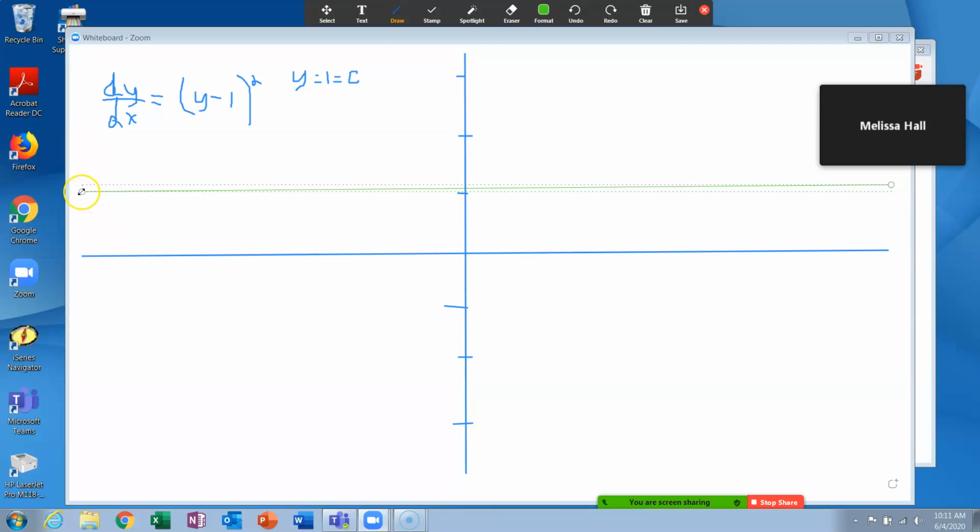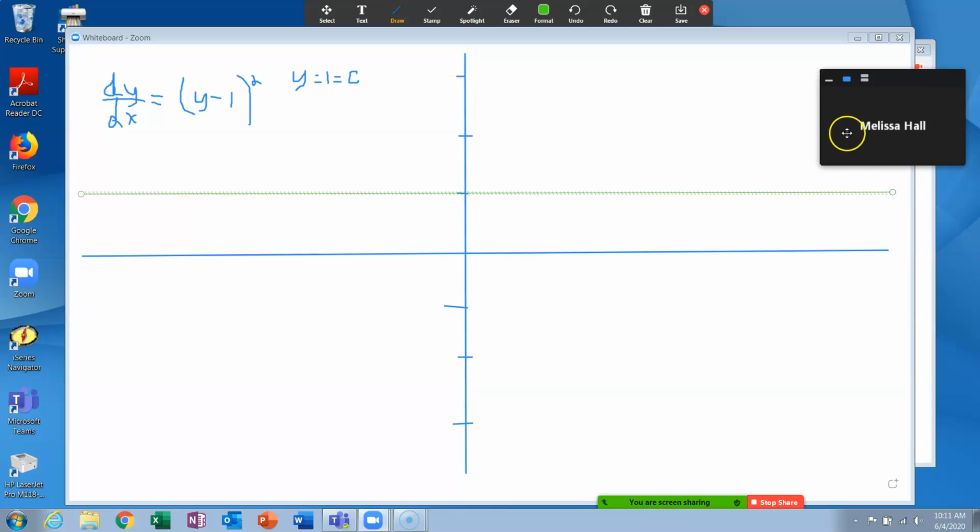I think what I need to do is move this down just, ooh, that's the wrong way, isn't it? Wow, I would have guessed this one was too low. Okay, let's just say that's y is equal to 1.